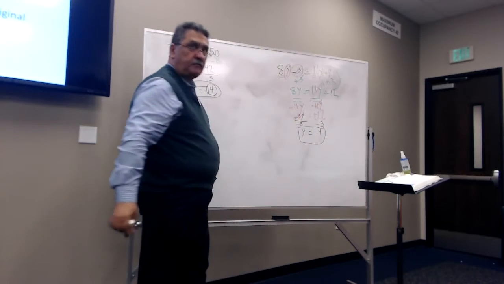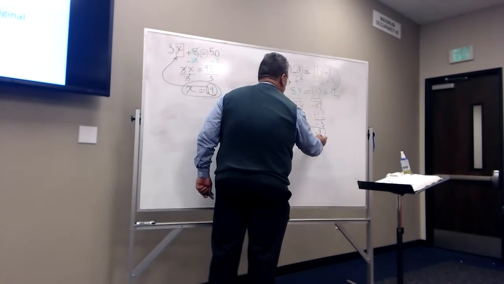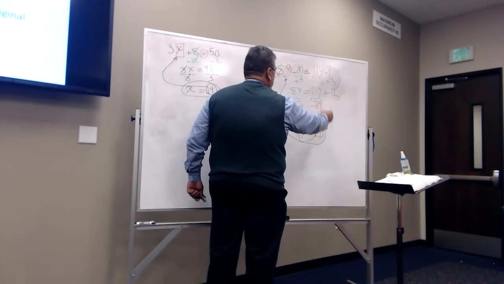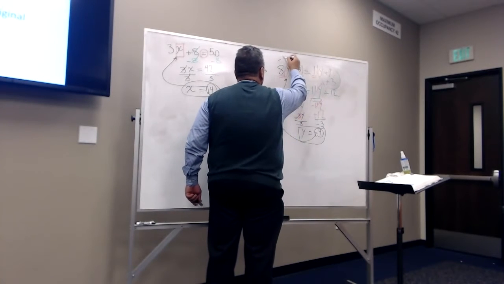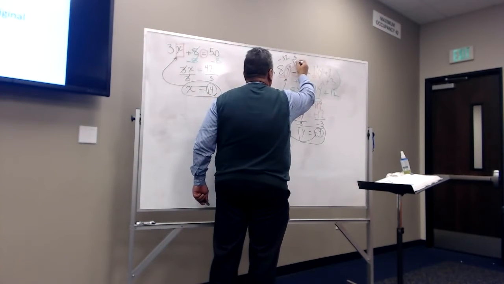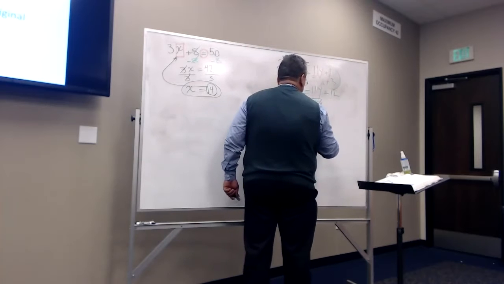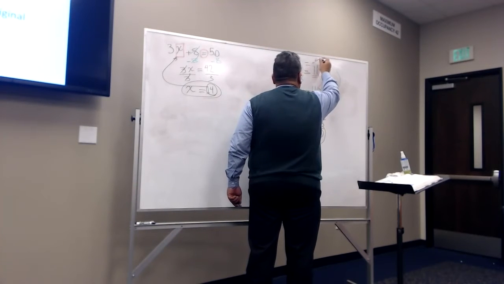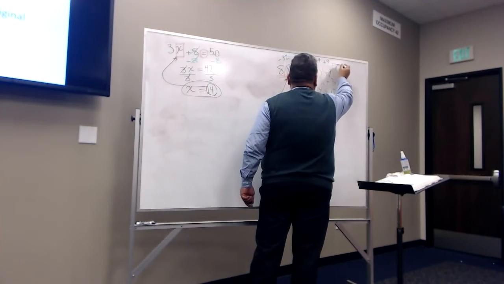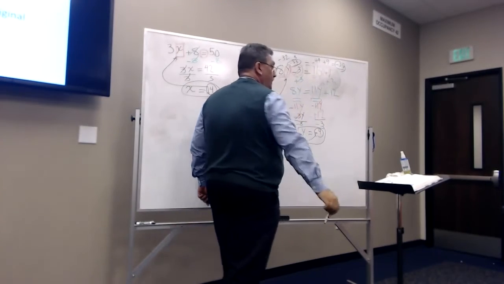To check it, just put that back for the y over here. 8 times minus 4 is minus 32. Minus 3 becomes minus 35. 11 times minus 4 is minus 44. Plus 9 is minus 35. Both sides are equal.